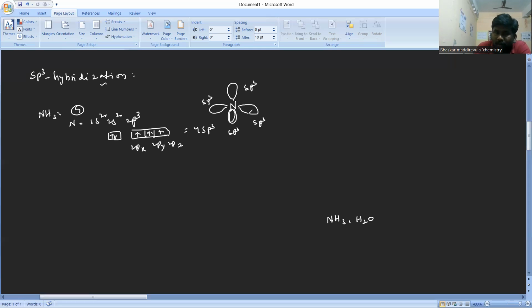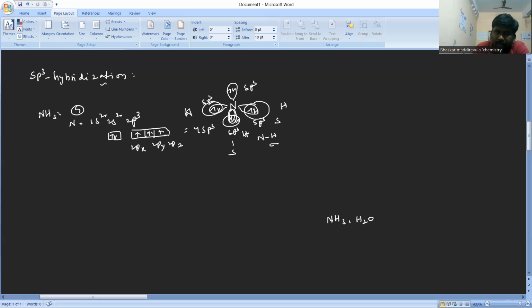Out of four, one sp3 hybrid orbital has a lone pair of electrons, and the remaining have one unpaired electron each. Each unpaired sp3 hybrid orbital overlaps with the s orbital of hydrogen and makes a nitrogen hydrogen sigma bond. In the same way, all of them overlap with the s orbital of hydrogen and make sigma bonds.